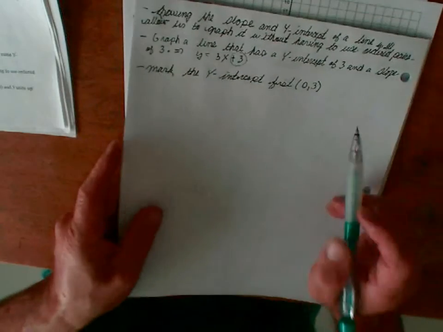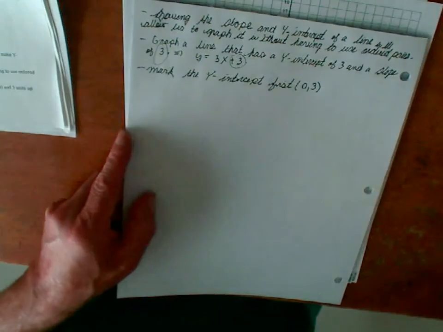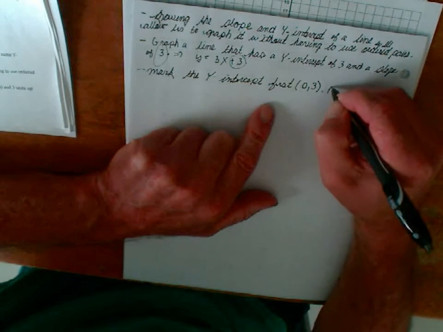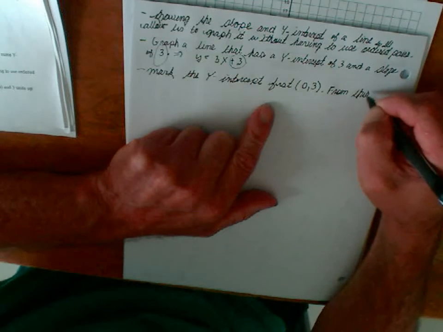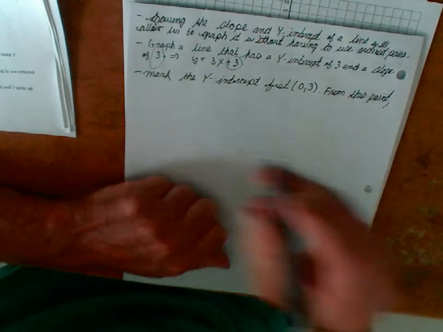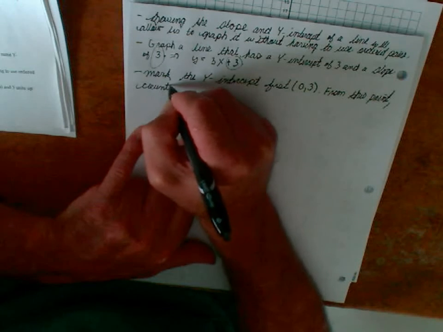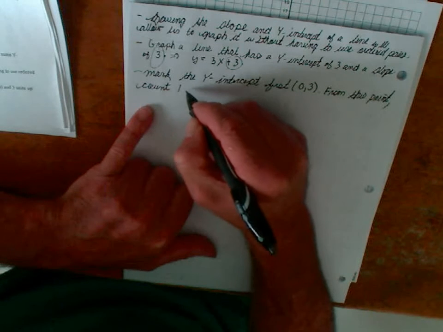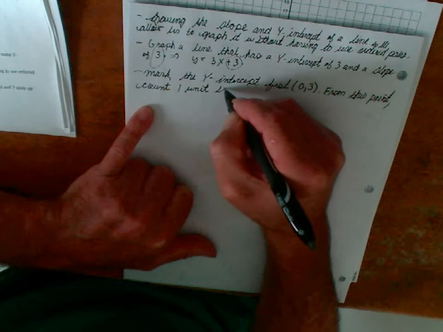And we said the slope was 3, right? So this is how we'll do that. From this point, count 1 unit to the right.